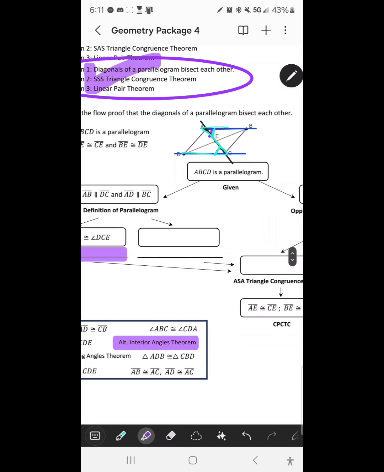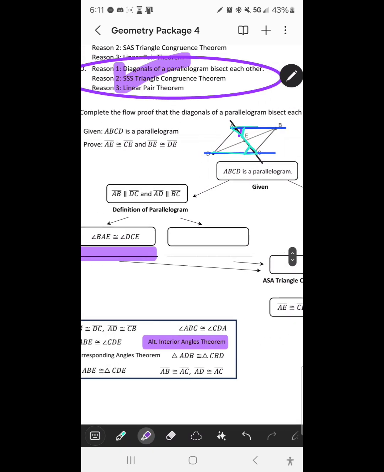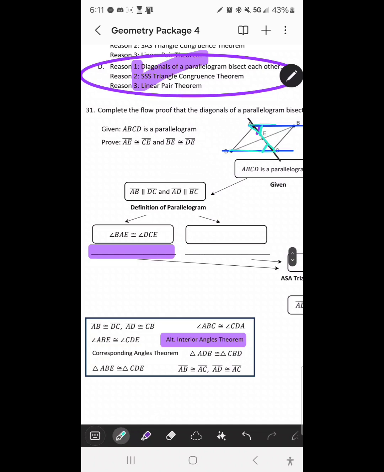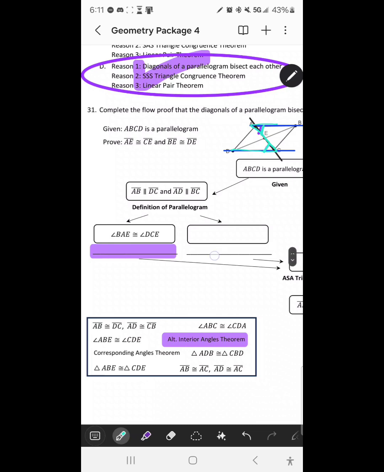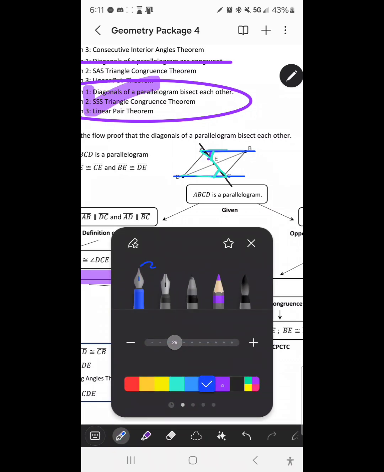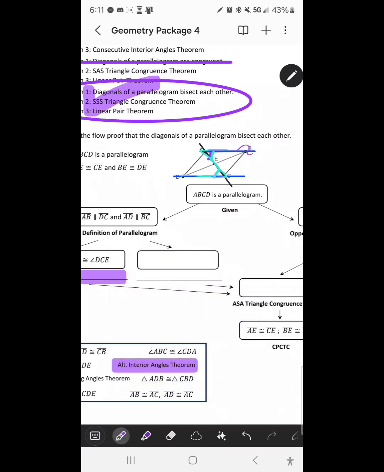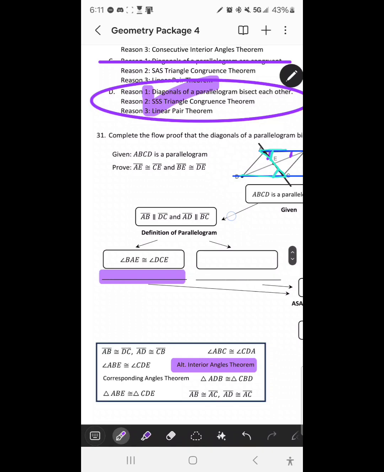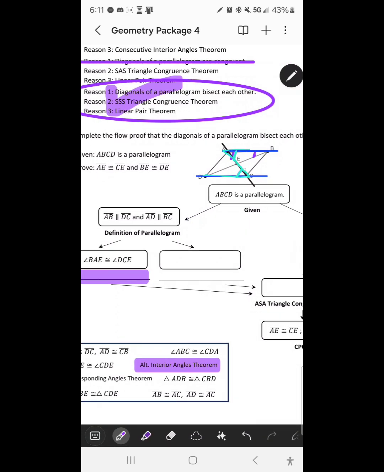Now, here we're looking for another thing. Here I have an angle. I'm probably going to look for another alternate angle theorem, or maybe corresponding angles. Let's see what we have. We have angle ABE, which is this angle right here, and then CDE, this angle right here.